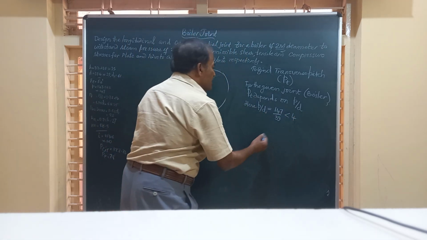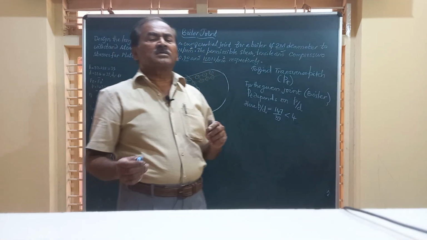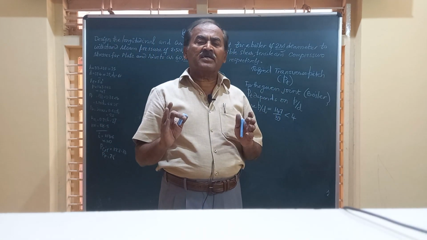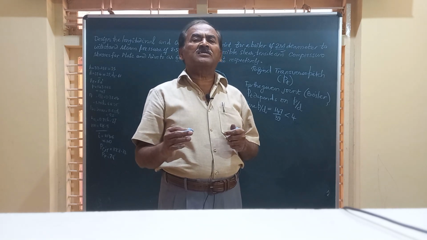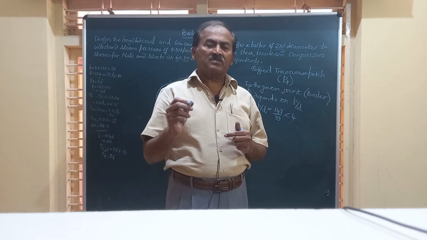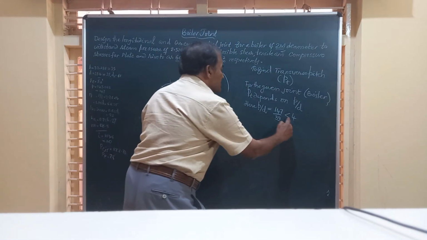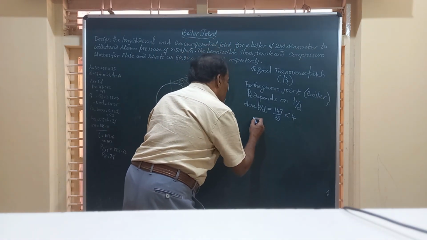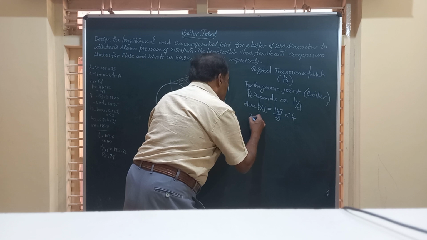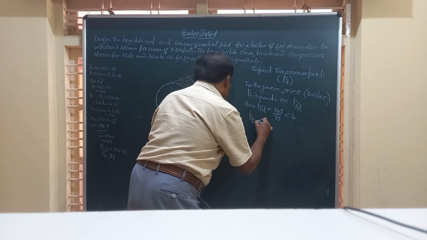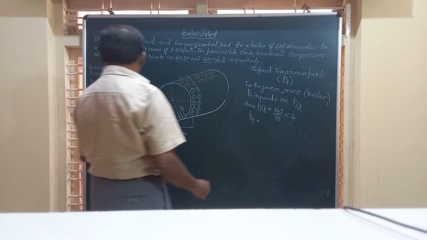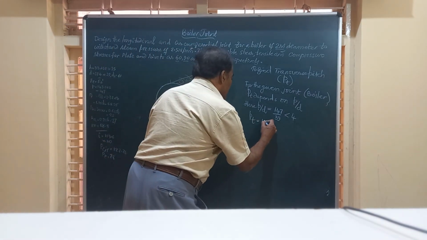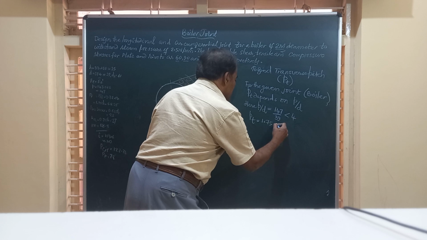When this is lesser than 4, the American Society of Mechanical Engineers boiler code, ASME boiler code, specifies that you take Pt, the transverse pitch, equal to 1.75D.